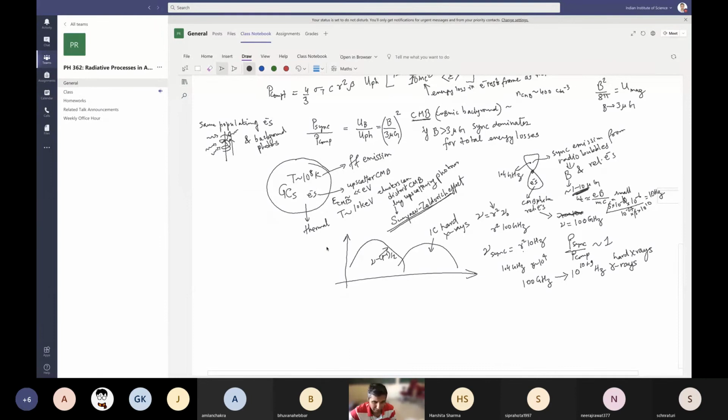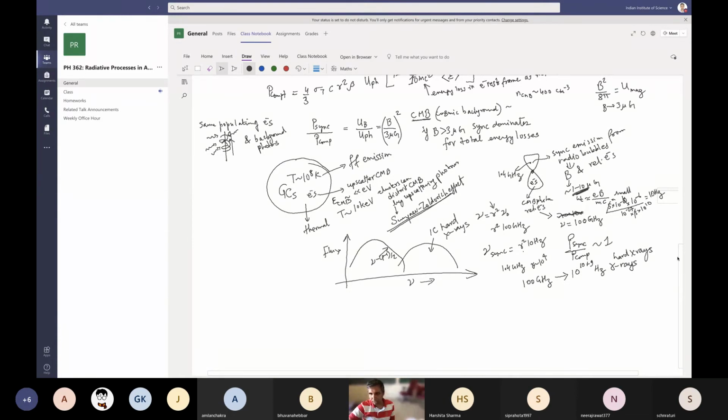So this is, say, flux versus frequency, right? You see what I'm trying to explain here? This sort of inverse Compton scattering is actually seen for some of these radio-emitting plasma bubbles.